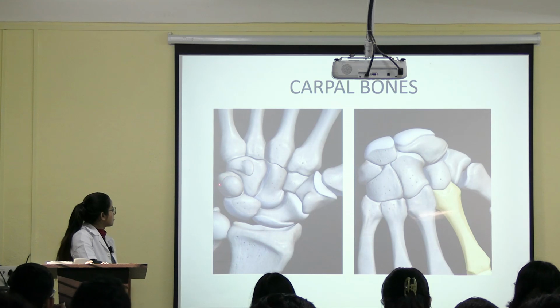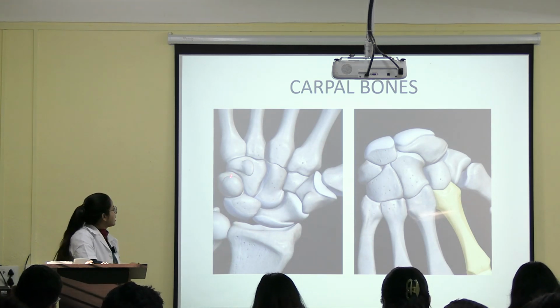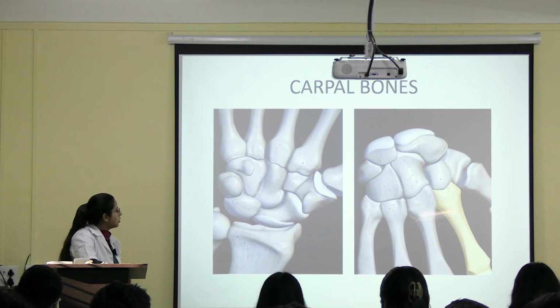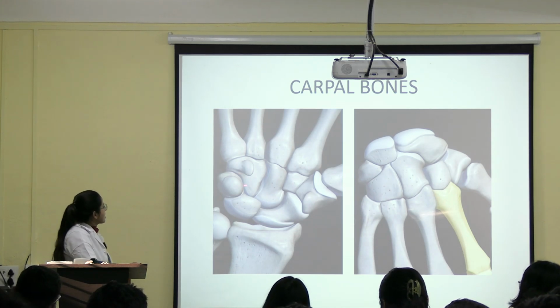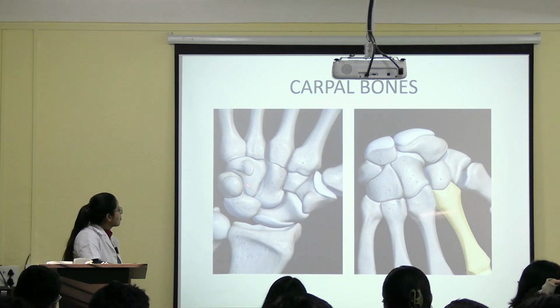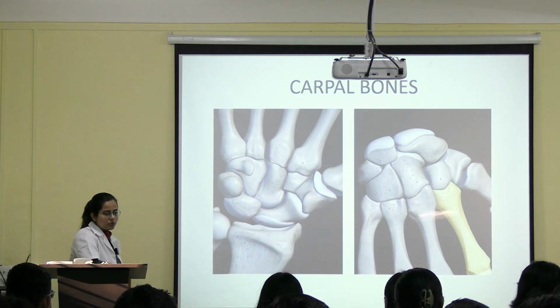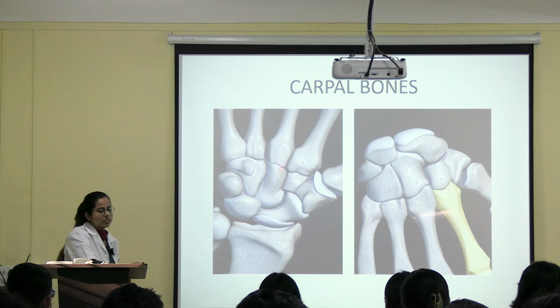Now triquetrum. Triquetrum is roughly cuboidal in shape, and on its palmar surface it has a facet to articulate with pisiform. Distally it articulates with hamate and laterally with lunate. All these carpal bones are interconnected with each other.